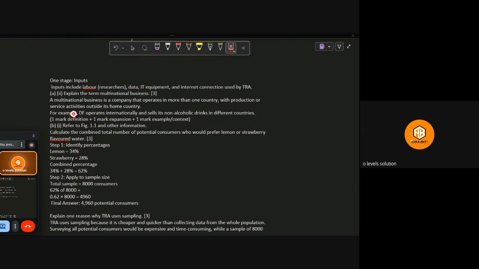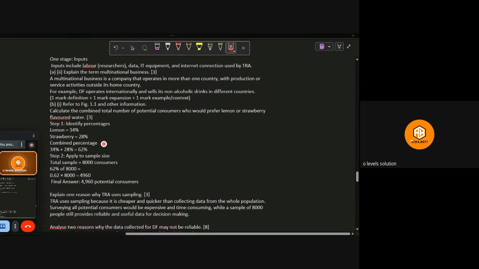For example, we need to write an example as well: DF operates internationally and sells its non-alcoholic drinks. This information I got from the case study, because they already provided it, that DF operates internationally and sells its non-alcoholic drinks in different countries. So that's why this is an example of a multinational company.